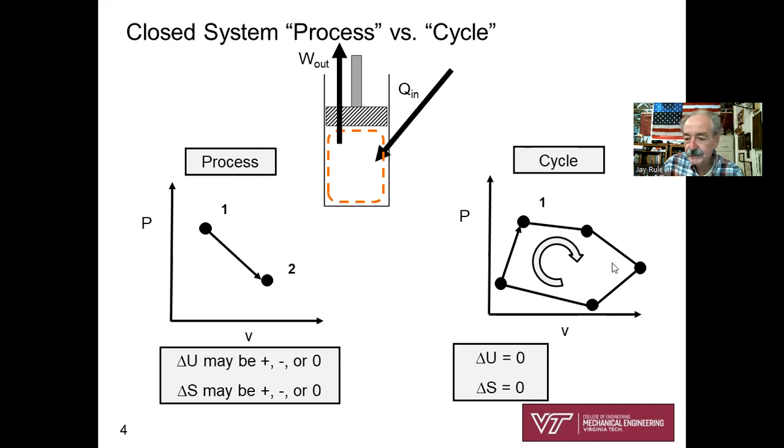I can visualize the net work produced by this cycle is the area inside this curve. Another thing to remember is that when you go through a cycle, you start at state 1 and go through a bunch of crazy things, but you end right back up at state 1. Do you see that delta U is 0? You start and end at the same point. So therefore, delta S, which is a property, also equals 0. Delta U equals 0. Delta S of the closed system equals 0.